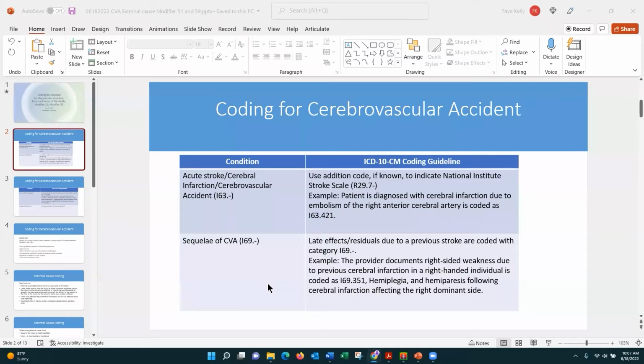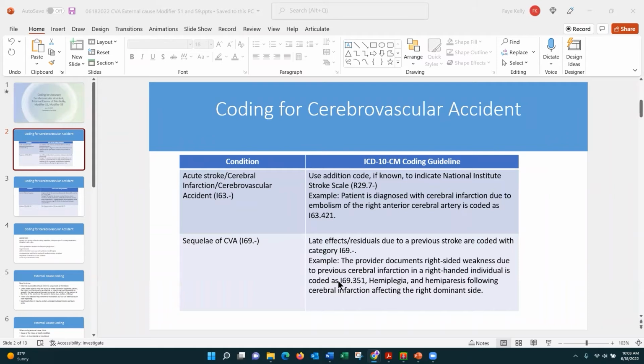So you don't want to get these two confused. There again, in the chart, the physician's not going to say, we have a sequela of CVA. They don't talk like that. This is ICD-10 coding. And that's why we as coders have to understand what our chart is saying to us.